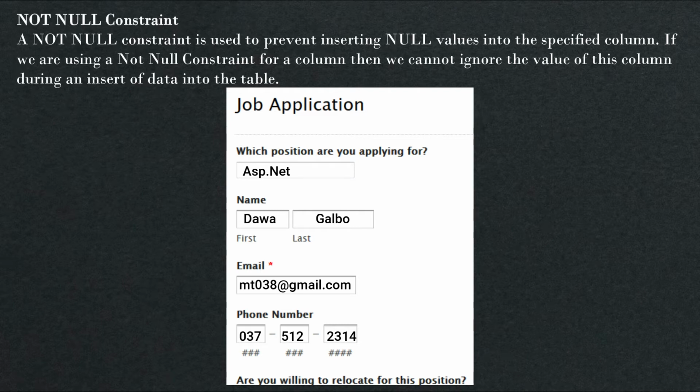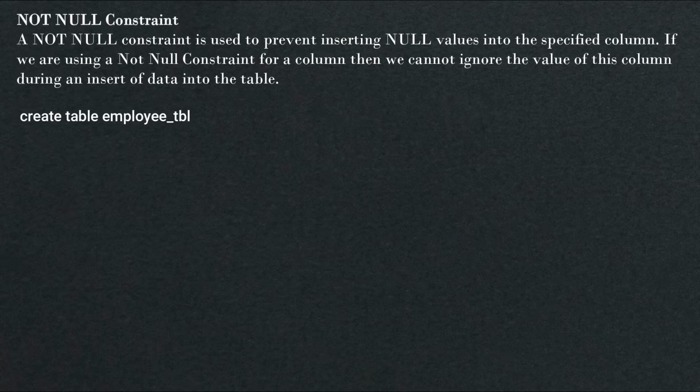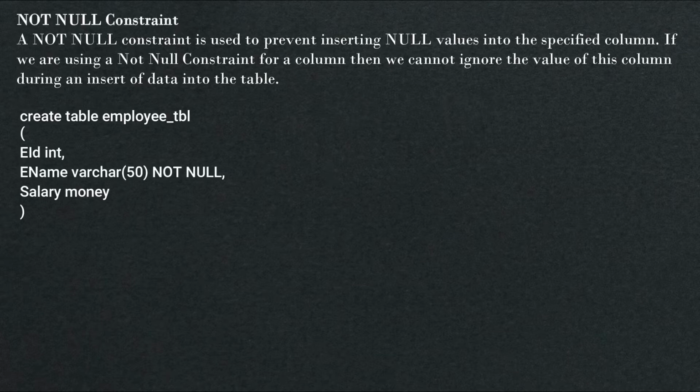So I will show you through a table how the not null constraint actually works in SQL Server. Create table employee_TBL. This is the table name, okay? Within brackets type employee ID int, employee name varchar 50 not null.